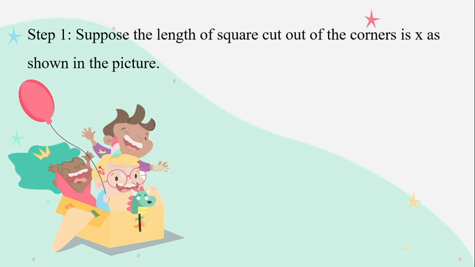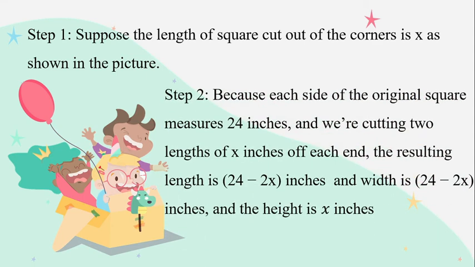Step 1. Suppose the length of the square cut out of the corners is x as shown in the picture. Step 2. Because each side of the original square measured 24 inches and we are cutting two lengths of x inches off each end, the resulting length is 24 minus 2x inches, the width is 24 minus 2x inches, and the height is x inches.